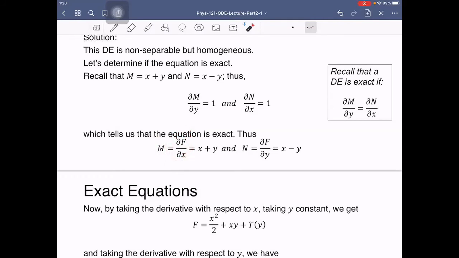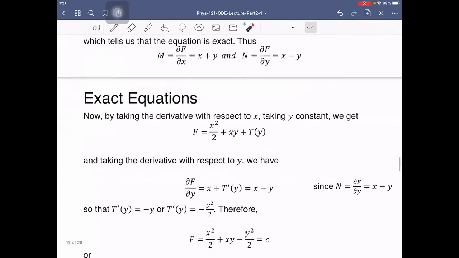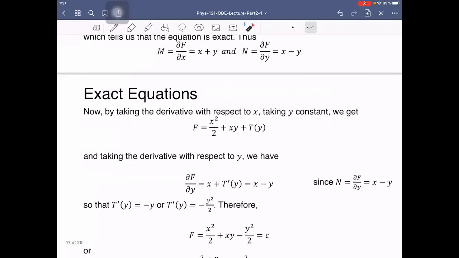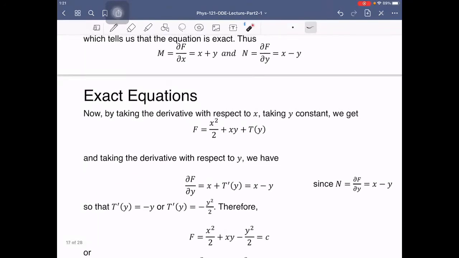So kunin mo lang yon, you have x plus y. So as given by our assumption natin. And then n is partial f with respect to y, which is equal to x minus y. So again, taking the derivative with respect to x and y as a constant. Okay.